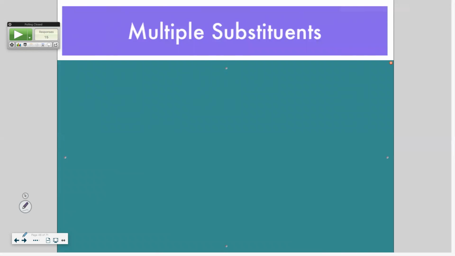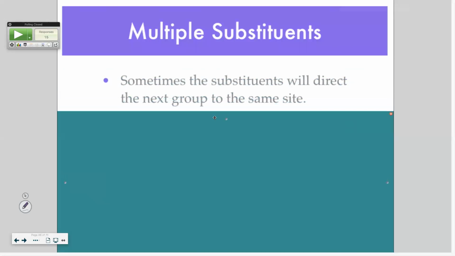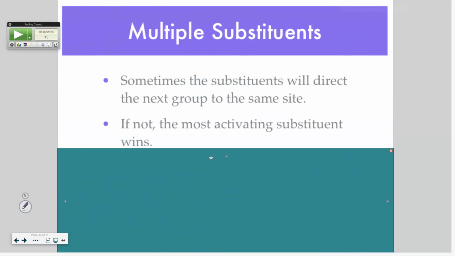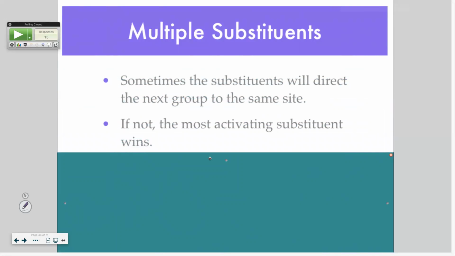Okay, what if you have more than one thing on your ring? Here are some rules and guidelines. Sometimes the substituents will direct the incoming group to the same place, in which case you're quite happy. If not, the most activating substituent wins.